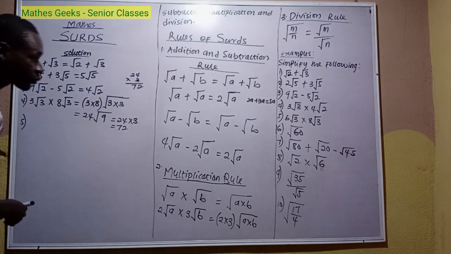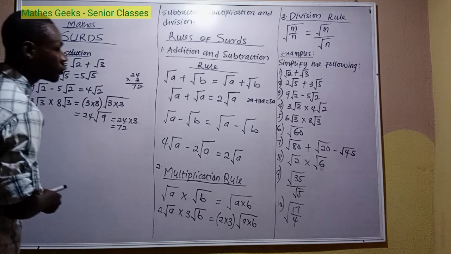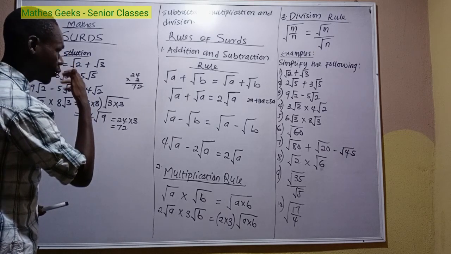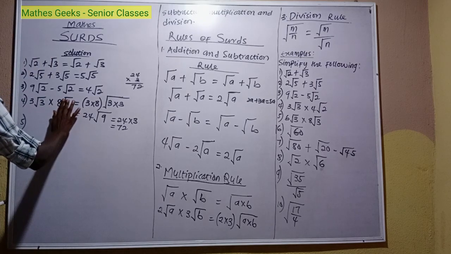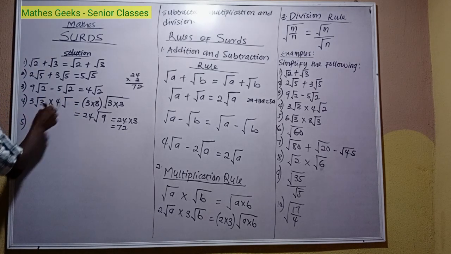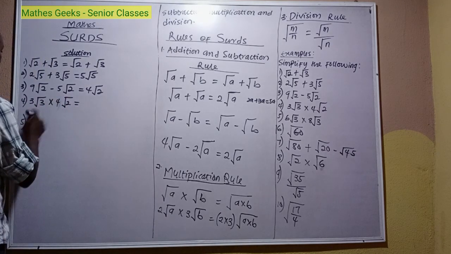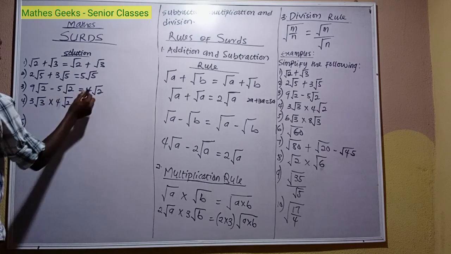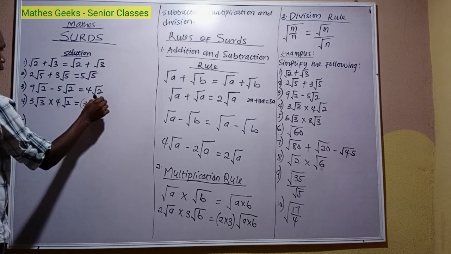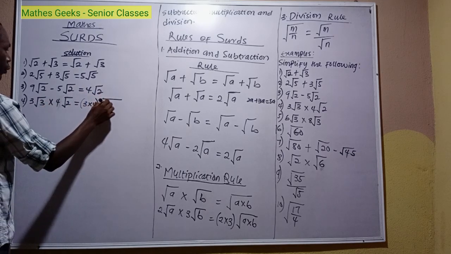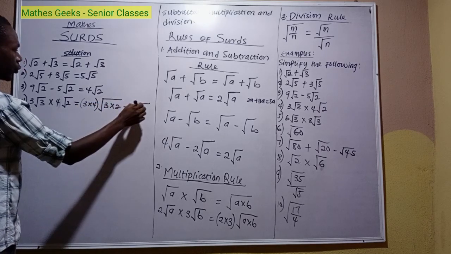Oh, number 5, 3 root 3 times 4 root 2. Let's get the exact value. 3 times 4 is 12, so 12 root, and root 3 times root 2 will give us root 3 times 2, which is 6.